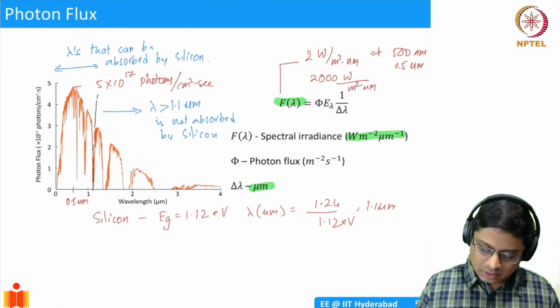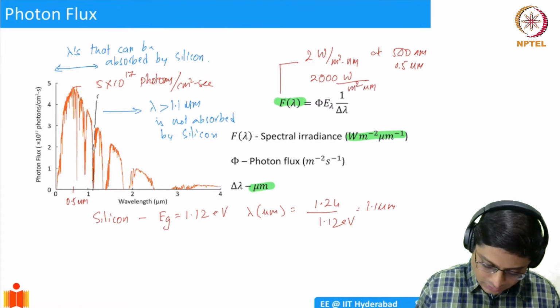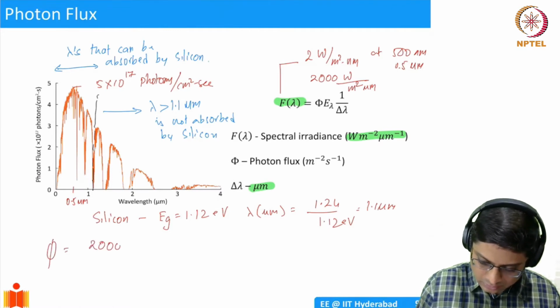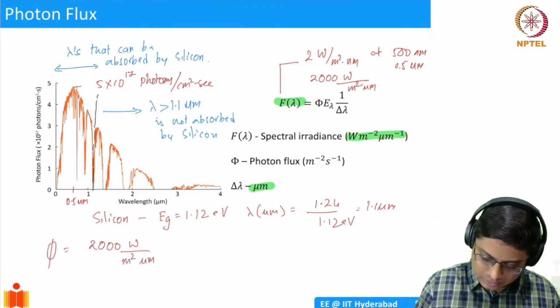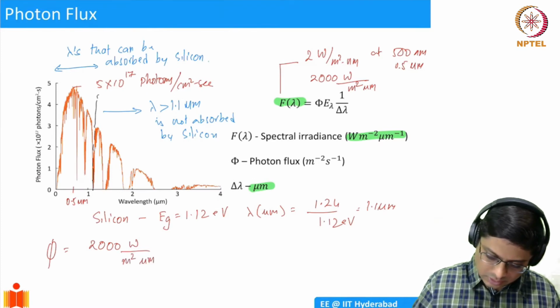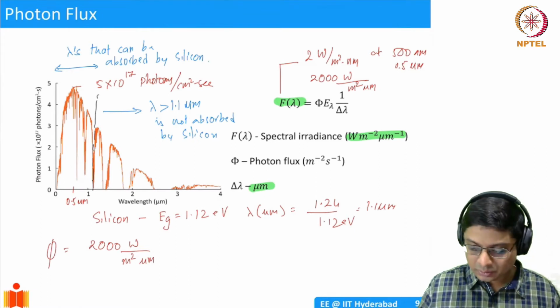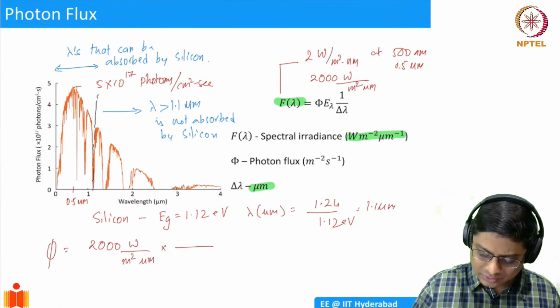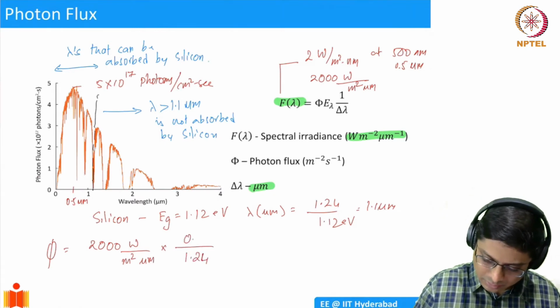Okay. So the photon flux phi is going to be this number, 2000 watts per meter square micrometer, divided by the energy of the photon. I said it's 500 nanometers. So if you take 500 nanometers, this is going to be 1.24 in the numerator, divided by 0.5 micrometers.